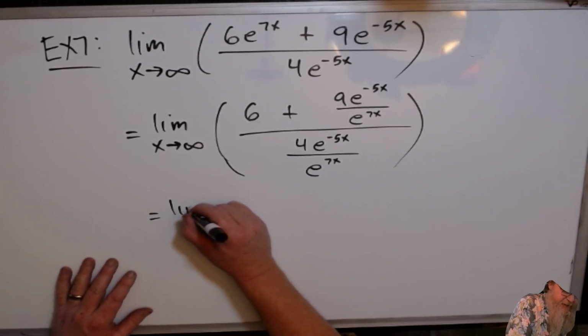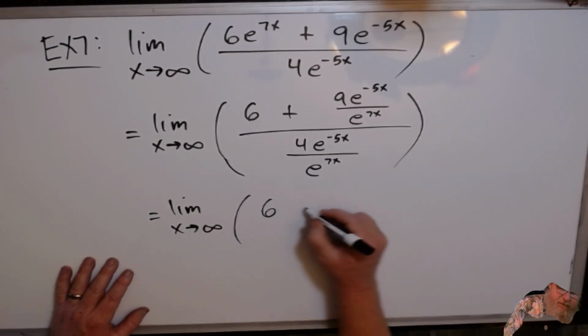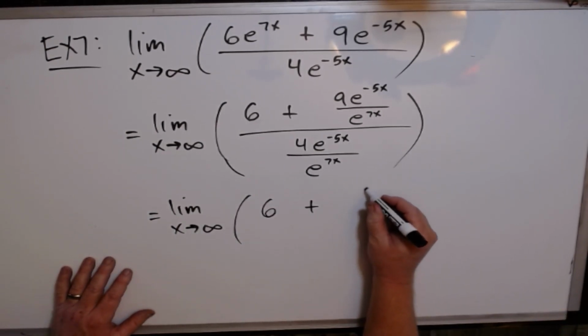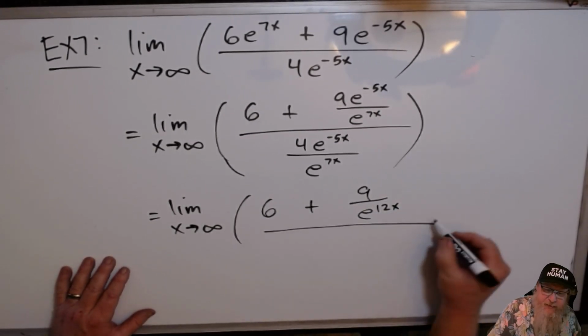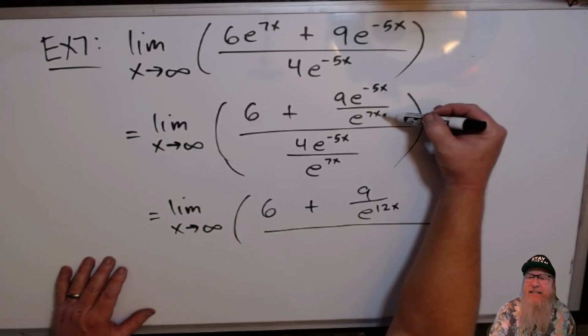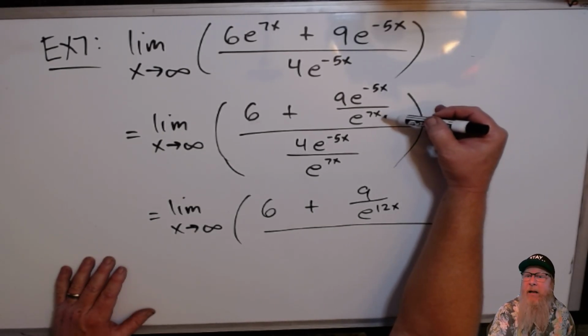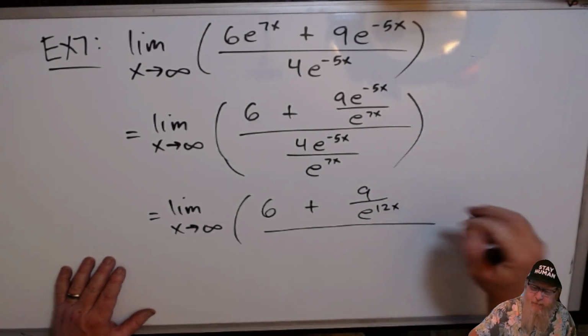All right, so that's the limit as x goes to infinity of 6 plus 9 over e to the 12x, right? So it's negative 5 minus 7, which is negative 12. But negative 12 would go to the denominator and just be 12.